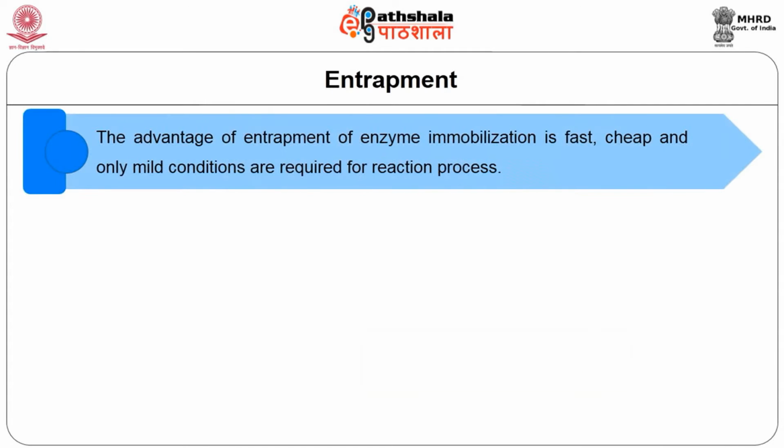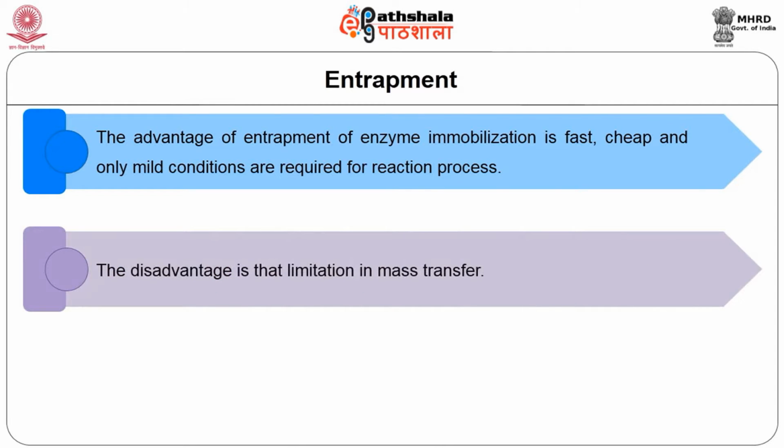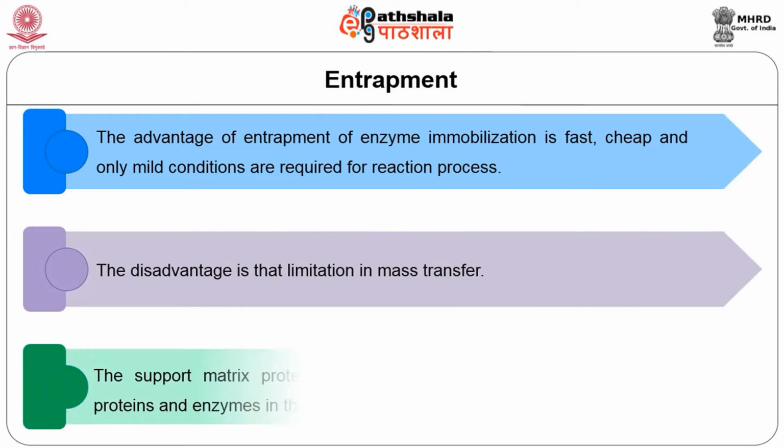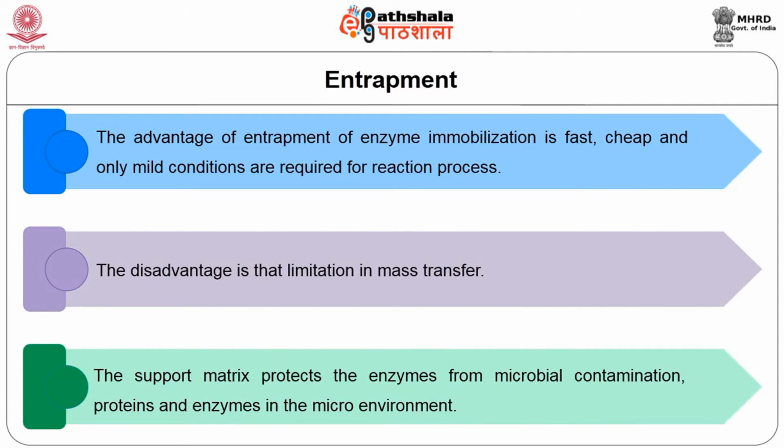The advantages of entrapment are that it is fast, cheap and only mild conditions are required for the reaction process. The disadvantage is limitation in mass transfer. The support matrix protects the enzymes from microbial contamination, proteins and enzymes in the microenvironment.